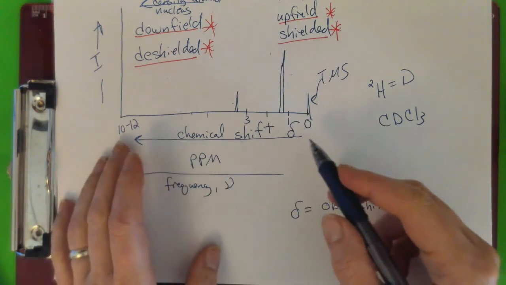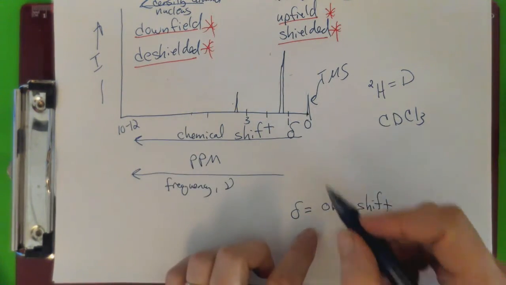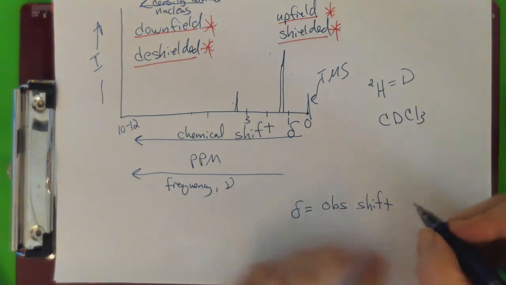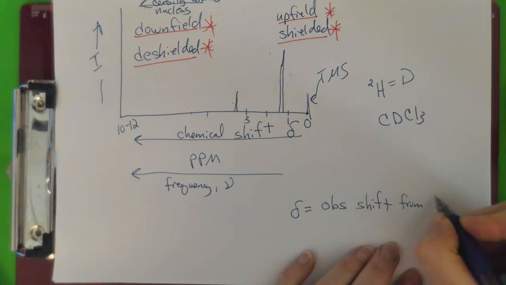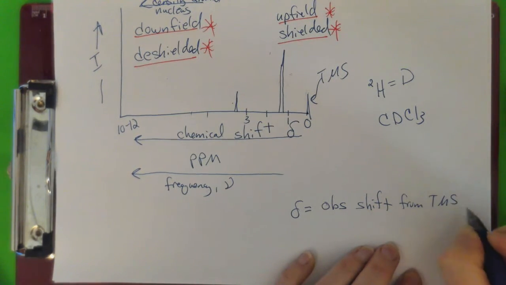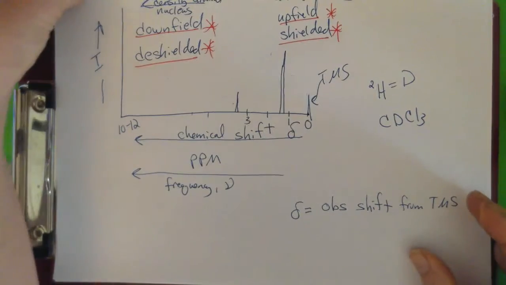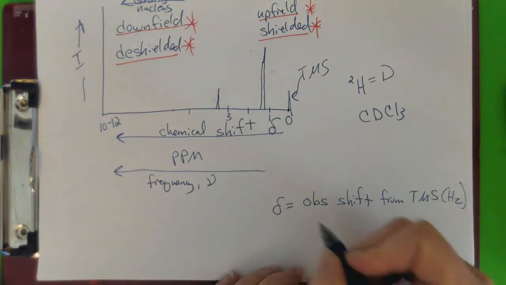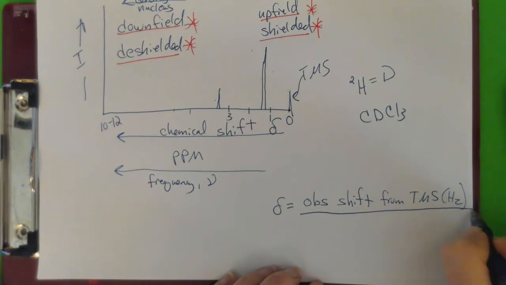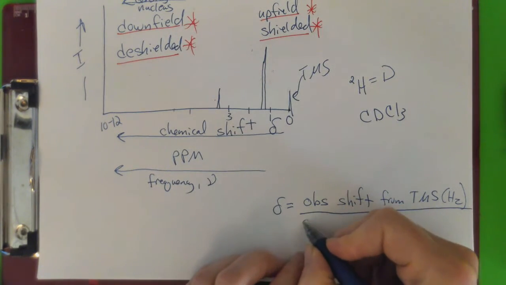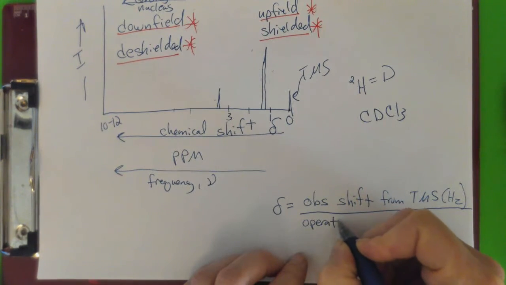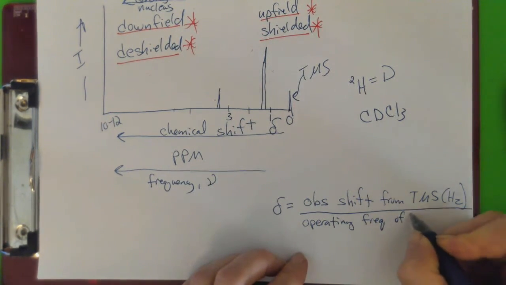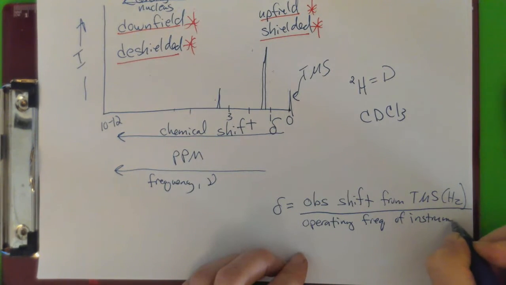And so where that comes from is we can get that chemical shift by taking that observed shift from tetramethylsilane in hertz, remember that's a unit of frequency, divided by the operating frequency of the instrument in hertz.